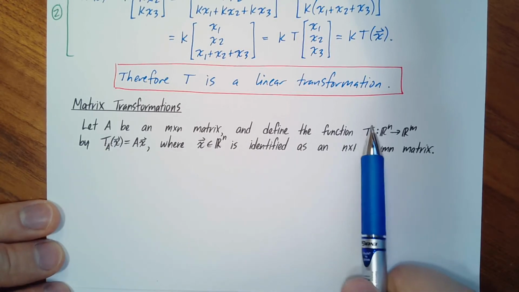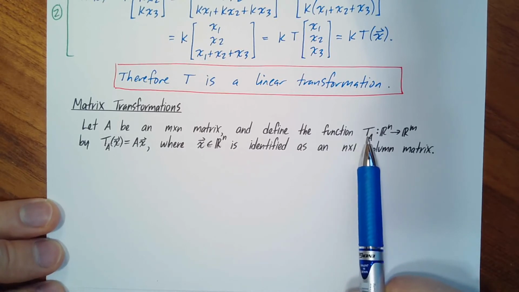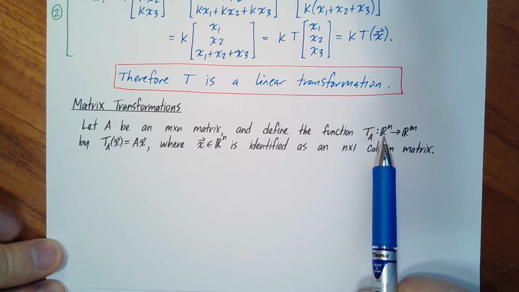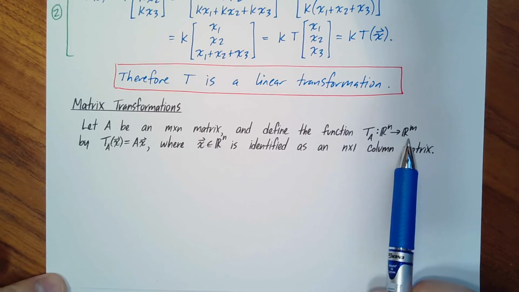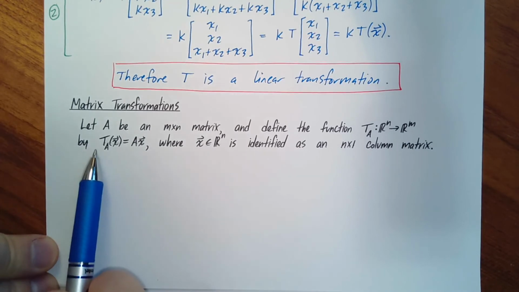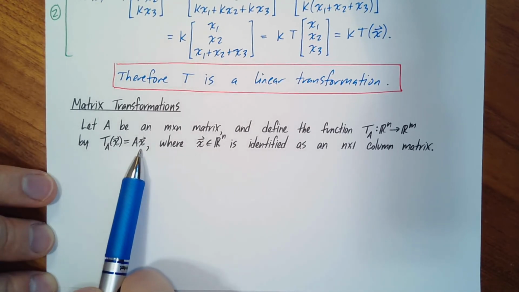But that's just a label for the function. T with the subscript of A, that is just the name of the function we're defining. And it looks like it goes from Rn to Rm, so it takes as input an n-dimensional vector and gives back as output an m-dimensional vector. And so what is the definition? T_A of x is defined to be the product of A with x.